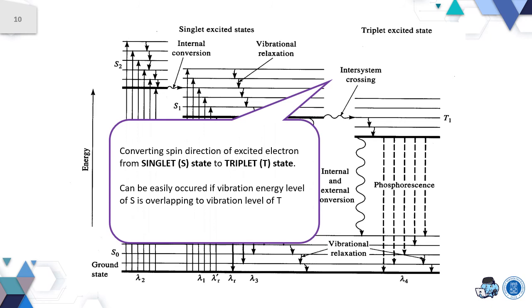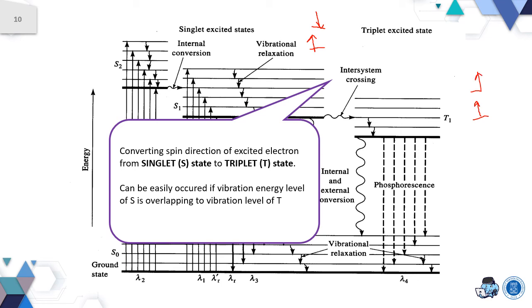And then we have intersystem crossing. In intersystem crossing, there is a conversion in the spin direction of the excited electron from the singlet state to the triplet state. In the singlet state the spin is like this, and in the triplet state it goes to the other direction of the spin.